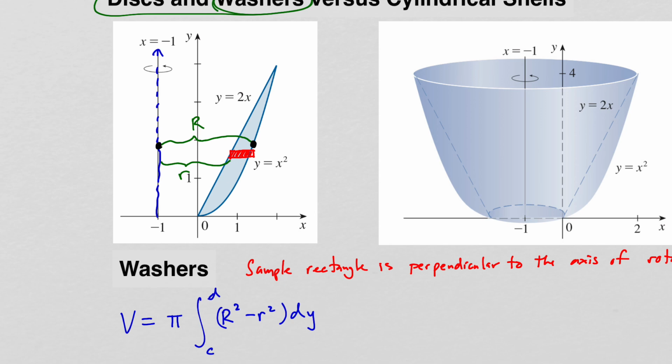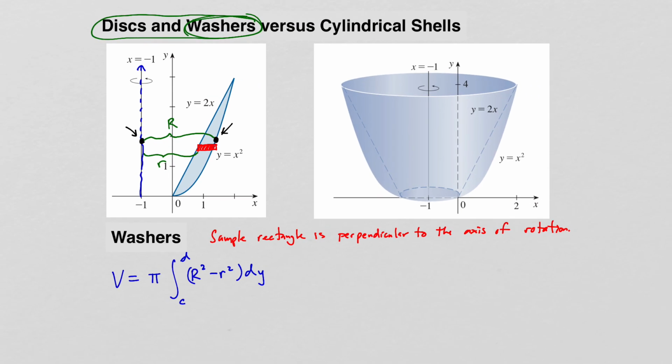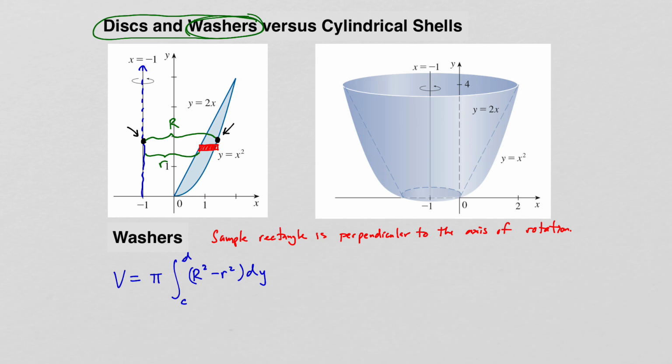To get a horizontal distance, you take the right function and subtract the left function. But what are the right and left functions? Over here, this is just a vertical line, so that's x equals -1. But what is it here? Well, it's y equals x squared, but we have to solve for x because we're working with respect to y. So x is equal to the square root of y. That's this one right here.